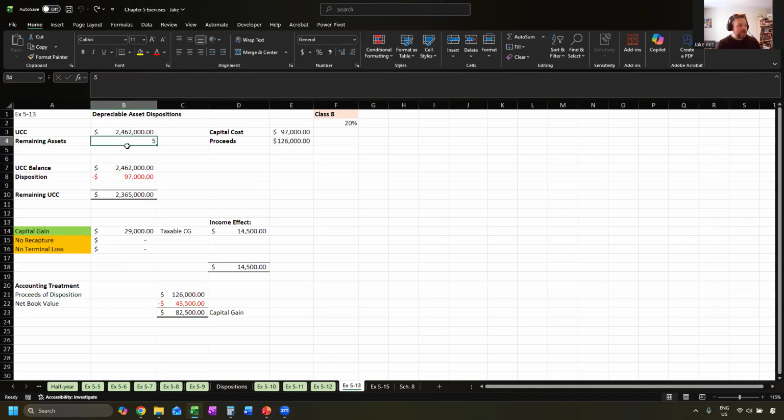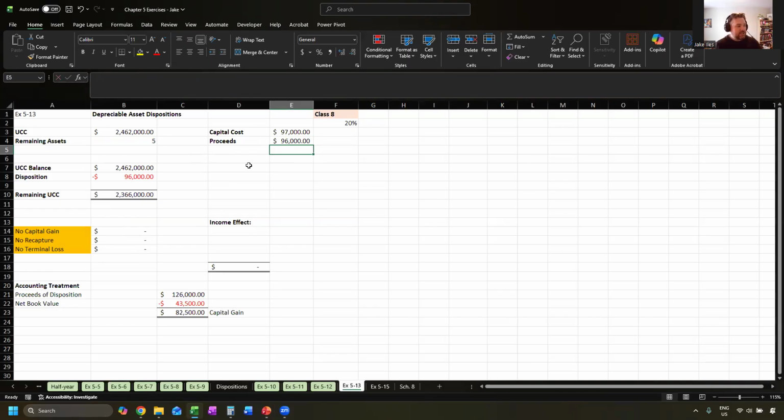So terminal loss only occurs when this number gets to zero, the remaining assets gets to zero. Recapture only occurs if this number becomes negative. Capital gain only occurs if proceeds is more than capital cost. So if our proceeds was only $96,000, no capital gain.